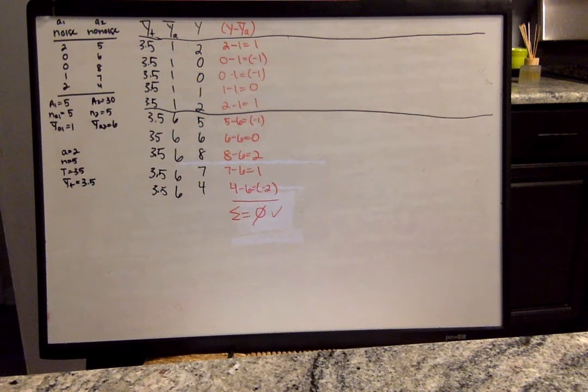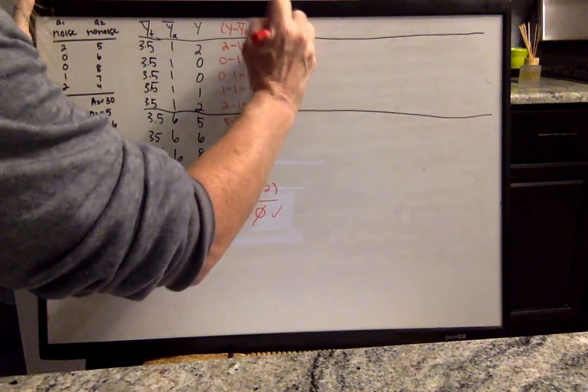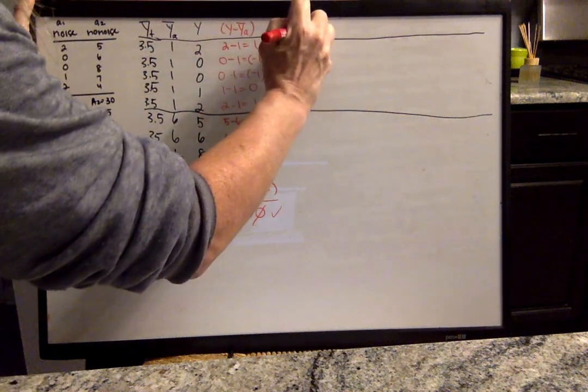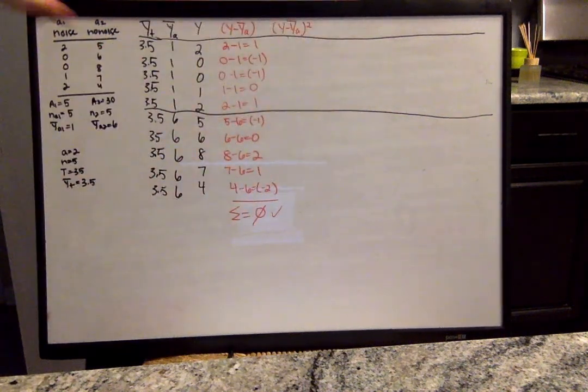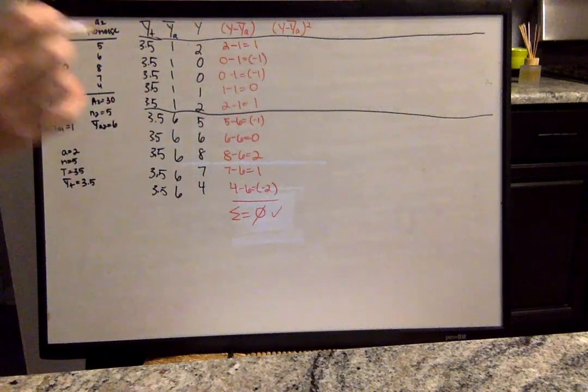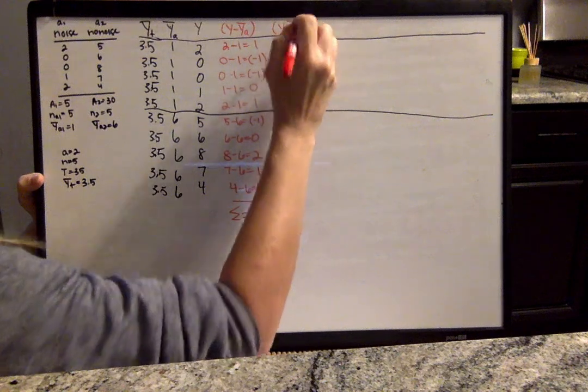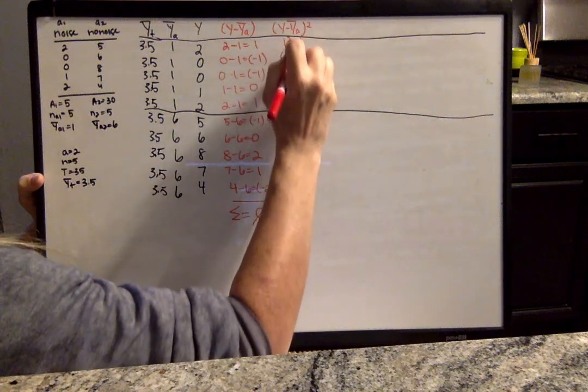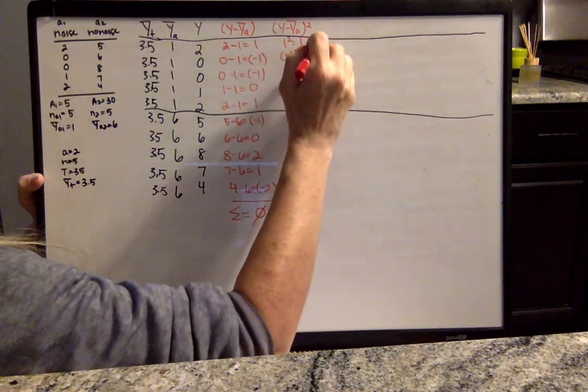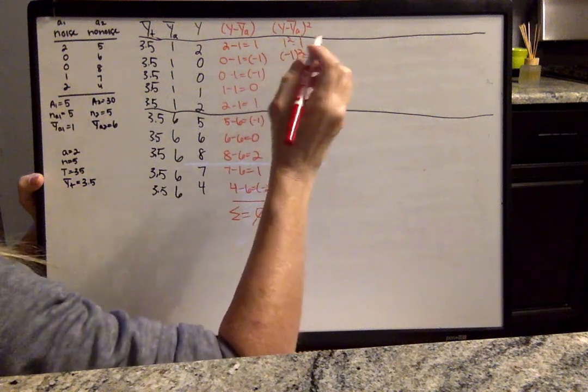Now if you remember back from when we did variance on the last exam, once we got the deviations, the next thing we did was square them. So we're going to square these deviations. 1 squared is 1, negative 1 squared, remember, is positive 1.